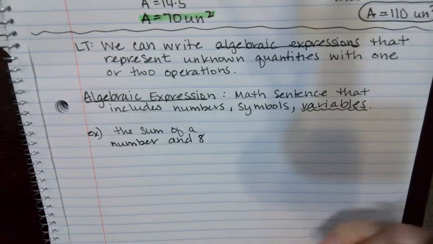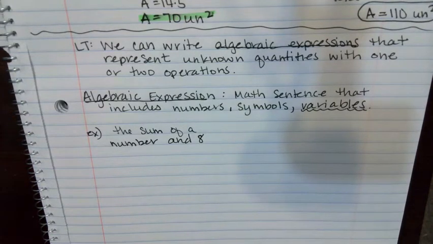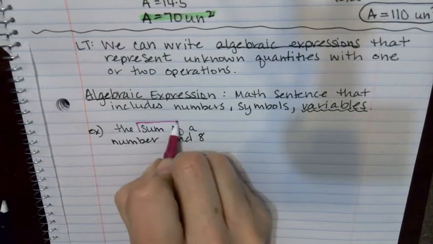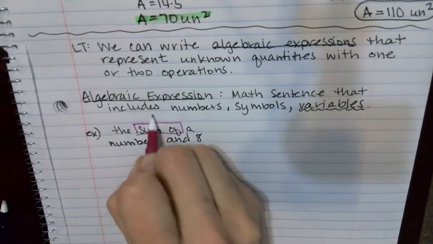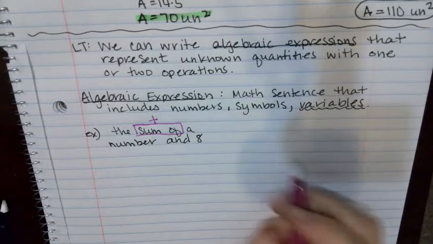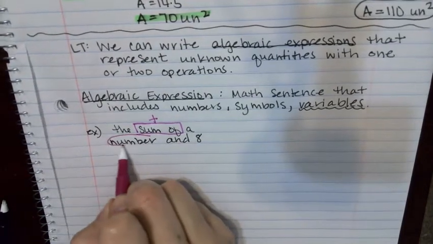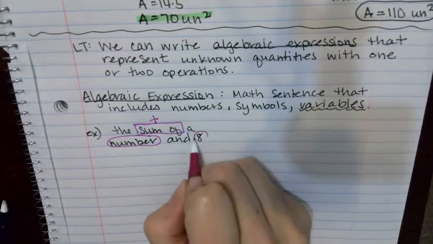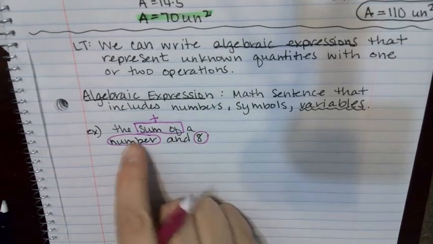We're going to break this down and ask what exactly that means. I need to box my key action words. Sum of tells me that I'm going to be adding. Then it says a number, that's the unknown quantity, and 8.